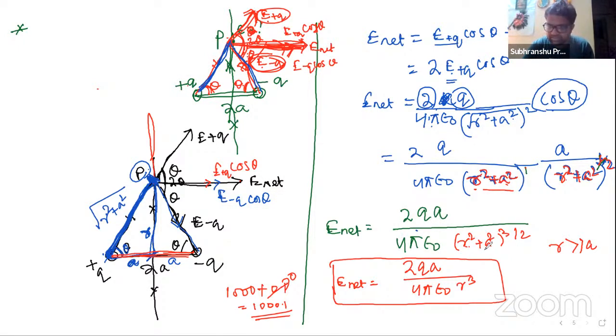Are you getting this last step of mathematics? If a square is 0, what is there in the denominator? r square whole to the power 3/2. Power to the power, what do you do? Multiply. So 2 into 3/2, the 2 cancels out, it will become r cube. Are you getting it?